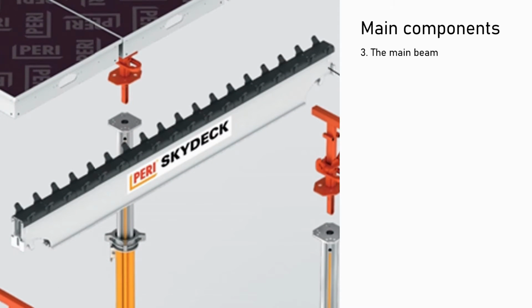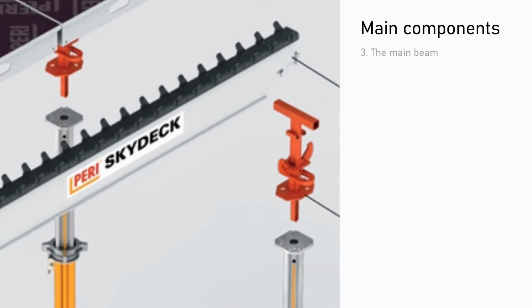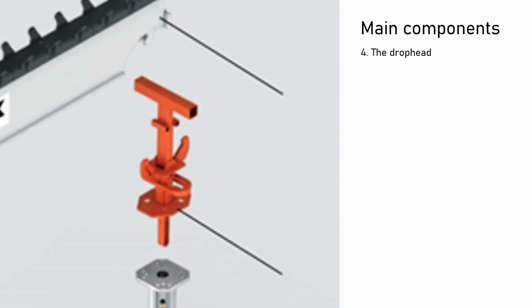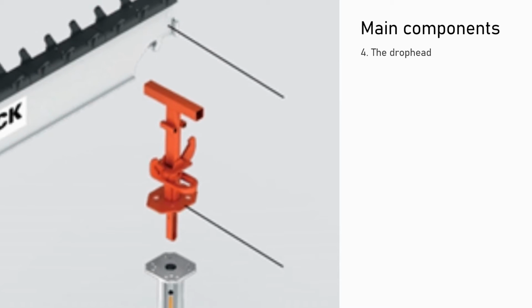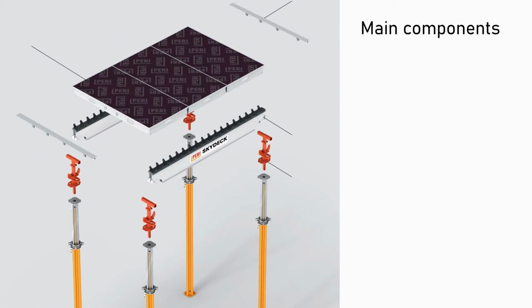The main beam is standardly 2.25 meters long, and it provides the support for 3 panels each with a width of 75 centimeters. Lastly, the drop pad accommodates the main beam and is covered by the cover strip. The drop pad can be lowered by 6 centimeters and allows early striking to take place. We have looked at the 4 simple components of Skydeck.